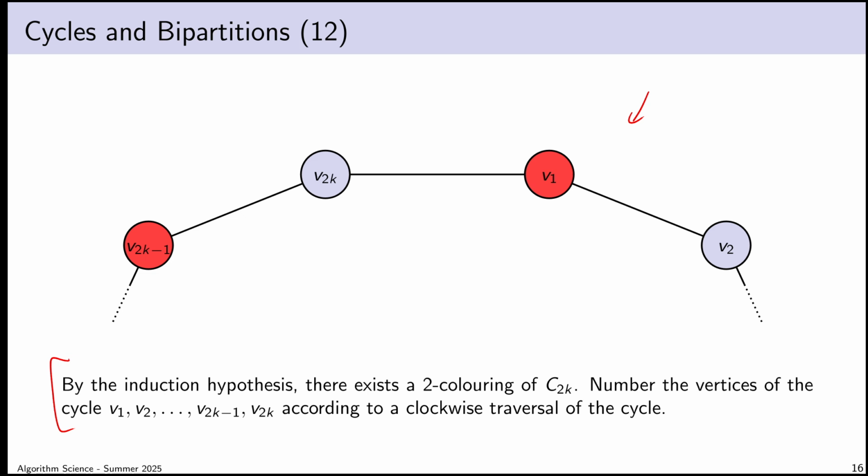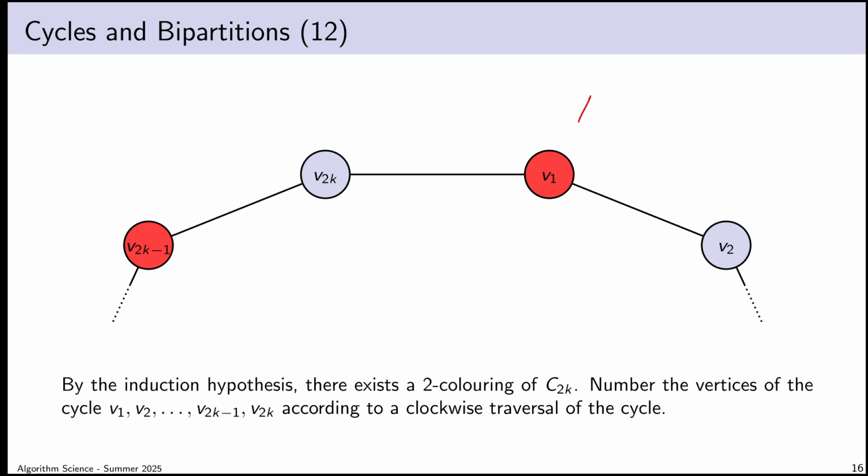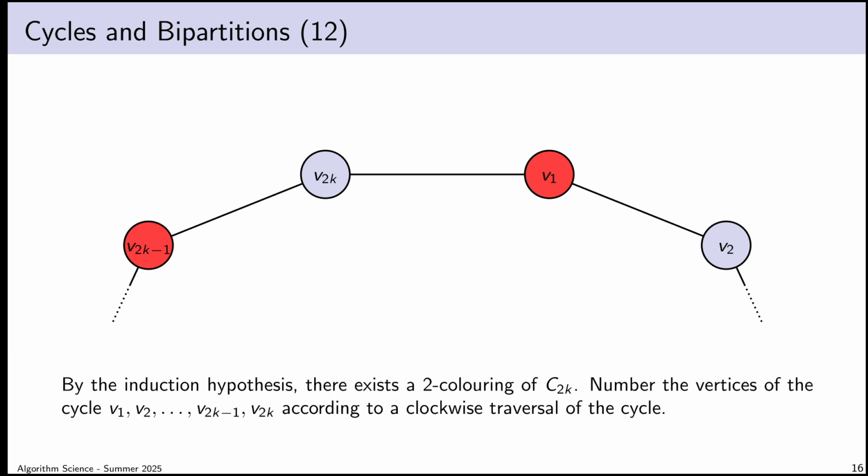So by the induction hypothesis, there exists some two-coloring of C2k. For the sake of the diagram, just number the vertices according to a clockwise traversal of the cycle. So we'll say this is V1, and then we wrap all the way around, and the last vertex of C2k would be V2k. Notice that in my diagram, I have decided that V1 is colored red. Now, you have to be very careful with this sort of thing. As I said, the proof itself is found only in the text in this case.